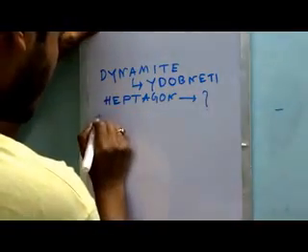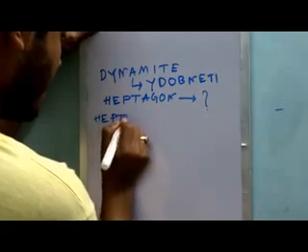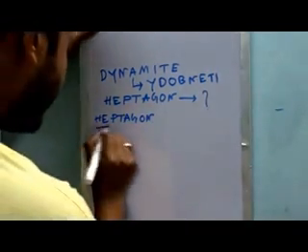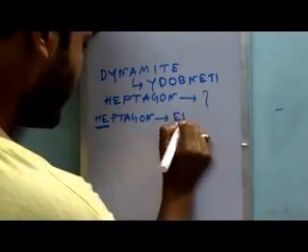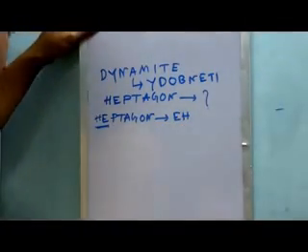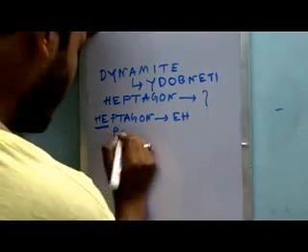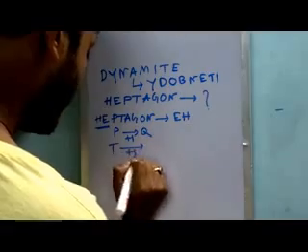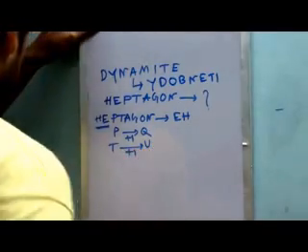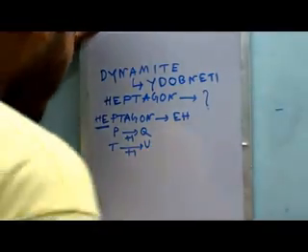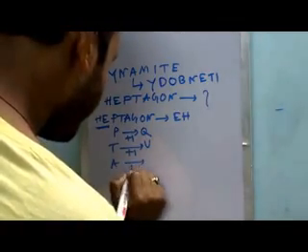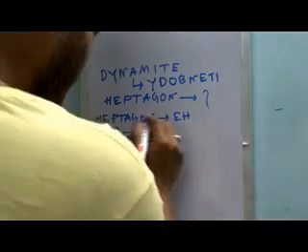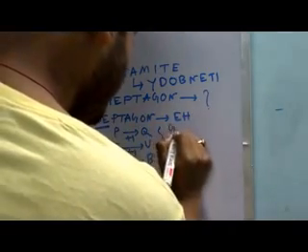So HEPTAGON, that is HE, just reverse the position of the letters. Now P plus 1 is Q, T plus 1 is U, A plus 1 is B, and GON.